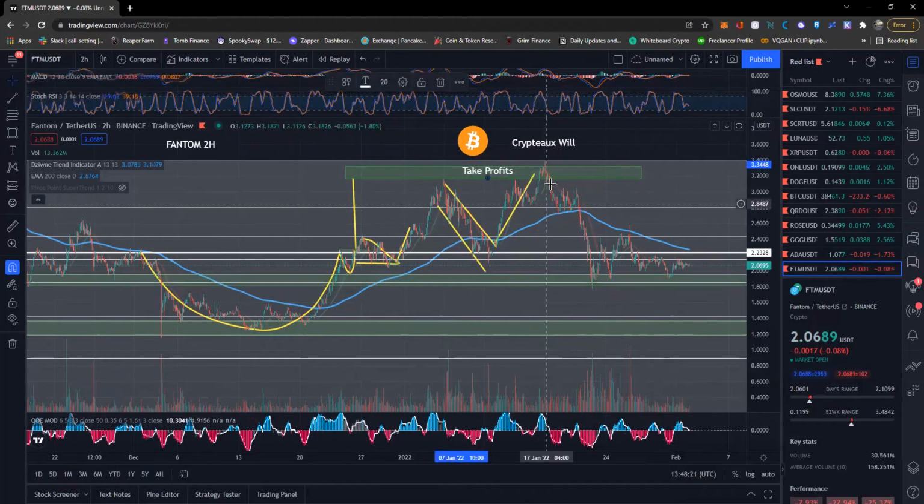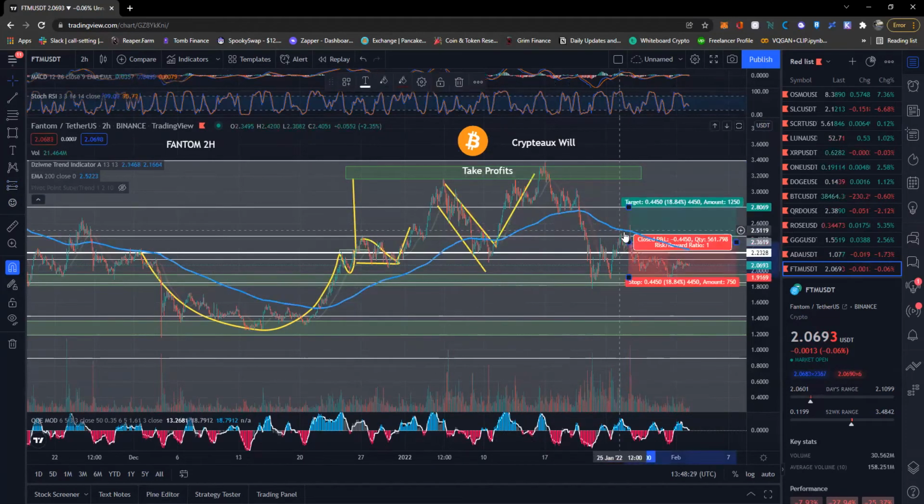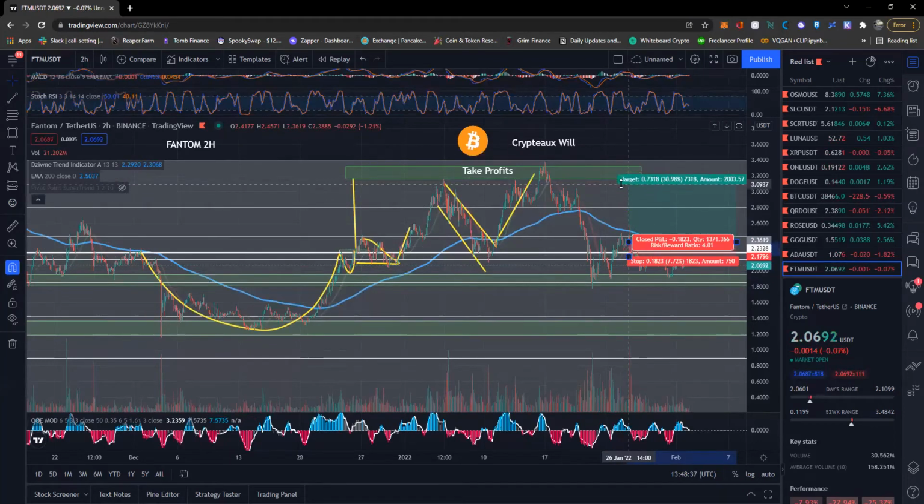And you want to be making sure that once you've taken the profits, how you make this trade is you put your trade in, and you want to take a stop loss underneath the support, and you want to ride it up to that resistance. That is a 4.3 ratio.